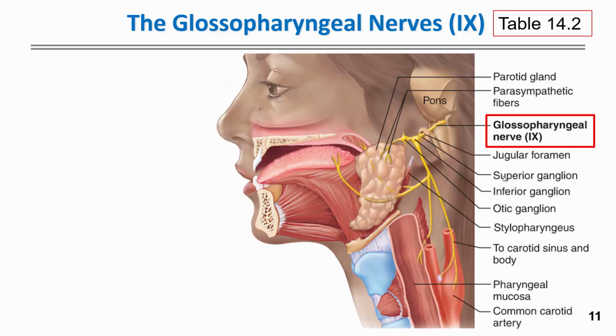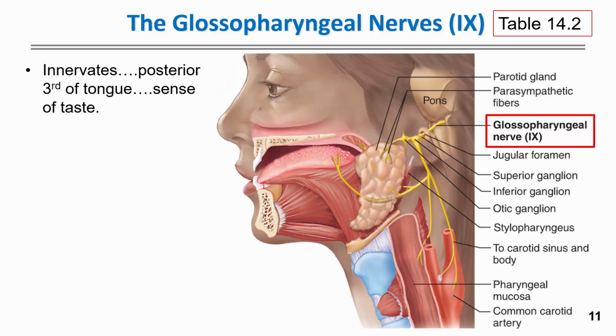In this lecture, we're going to cover the last four cranial nerves, and we begin with the glossopharyngeal nerve, or cranial nerve number 9. And this is a nerve that has a dual function.